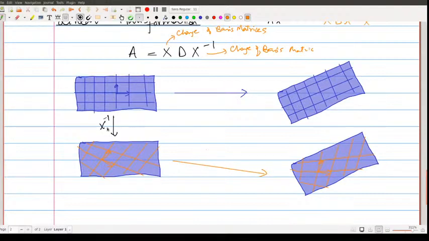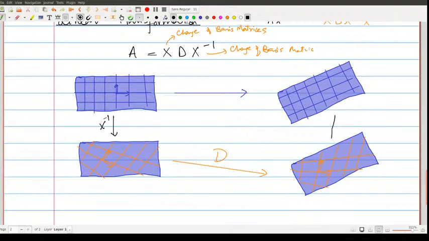Now this step was done by x inverse, this step was done by the diagonal matrix D, and finally you can see that if I apply x to this matrix, supposing x is an invertible transformation, which means the inverse exists, then if multiplying by x inverse changes this basis to this, multiplying by x should reverse that change of basis.